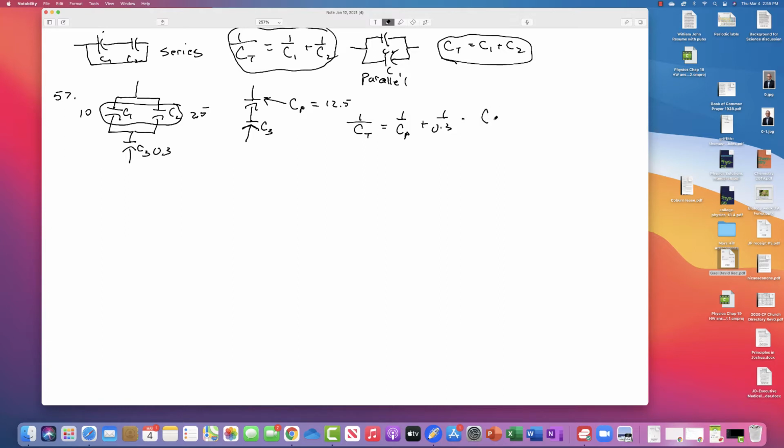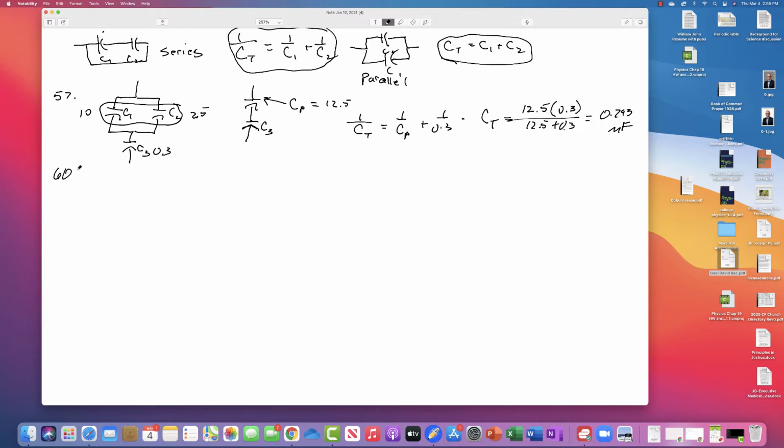So the easiest way to do this is to multiply, in the top you put the multiplication, so 12.5 times 0.3, and in the denominator you put the sum, 12.5 plus 0.3, and if you do the math here you get 0.293 microfarad. So that's number 57.